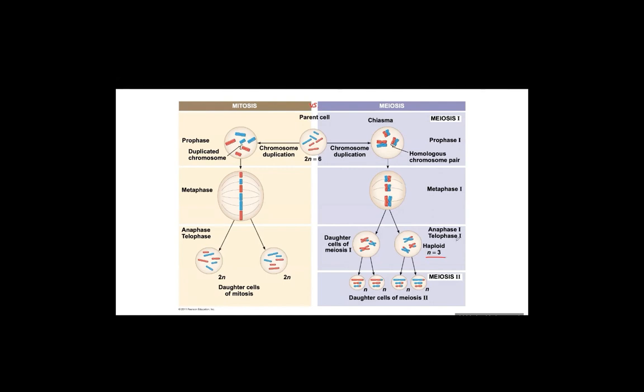After telophase 1, of course, there is cytokinesis, and then meiosis 2 begins immediately. And meiosis 2 is similar to mitosis. So at the end of meiosis 2, there are 4 daughter cells produced, and each daughter cell has only one set of chromosomes.